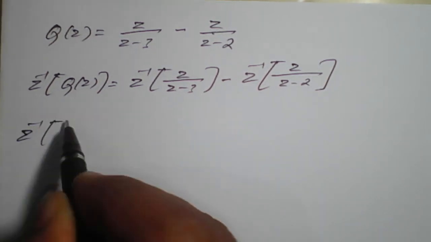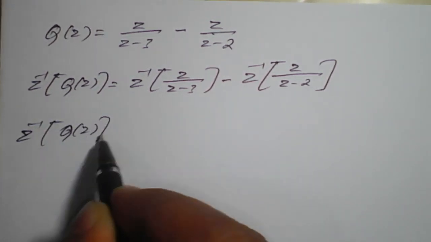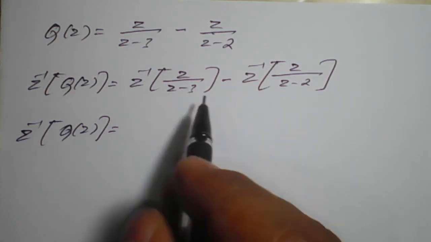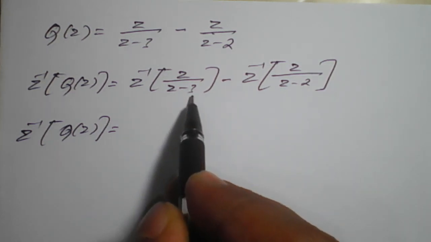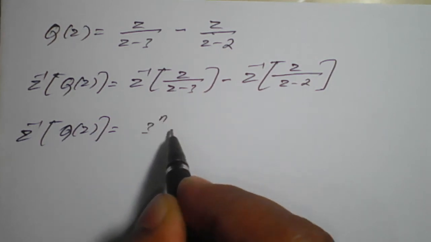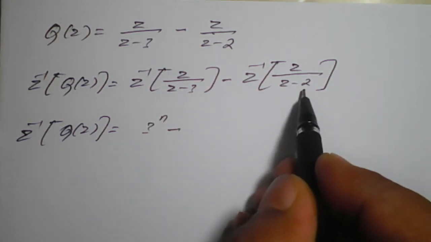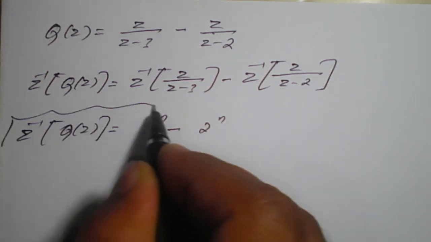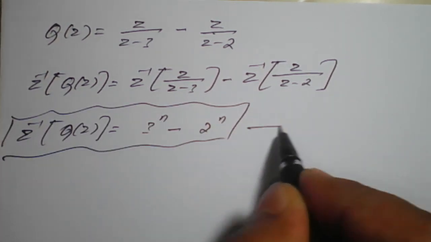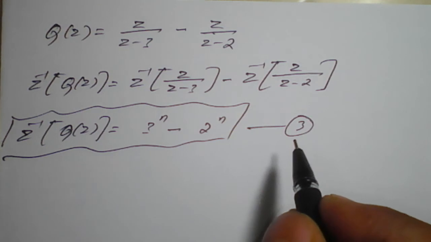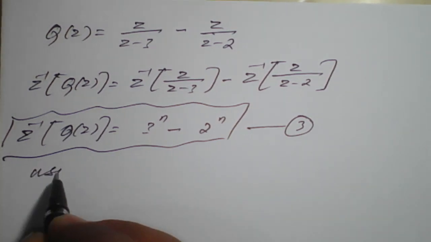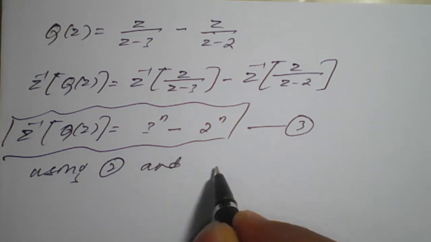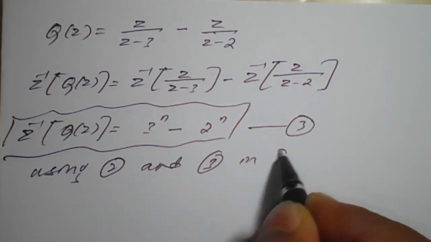So Z inverse of QZ is nothing but again the same formula. Here the value of k is 3, so 3 raised to n, minus the value of k in this step is 2, so 2 raised to n. So we got this as expression number 3. Using expression 2 and 3 in 1.